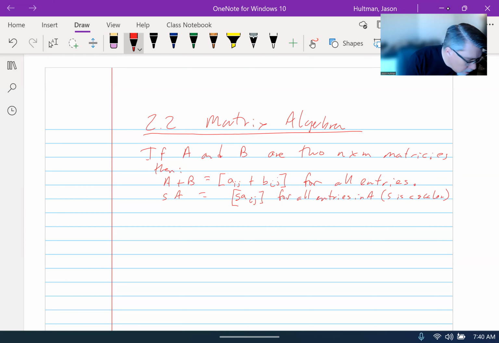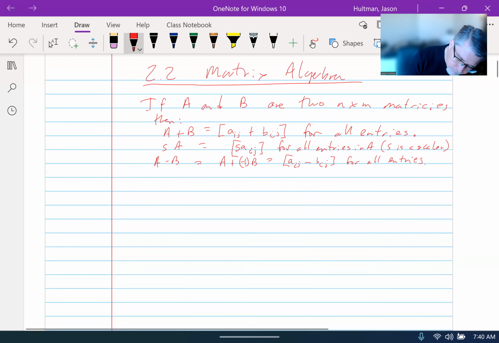Okay. A minus B is equal to A plus -1 times B, which is equal to a_ij minus b_ij for all entries. Okay, so pretty straightforward.